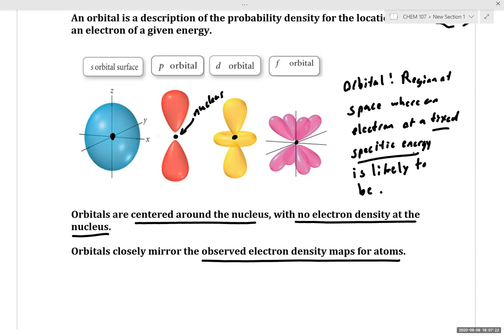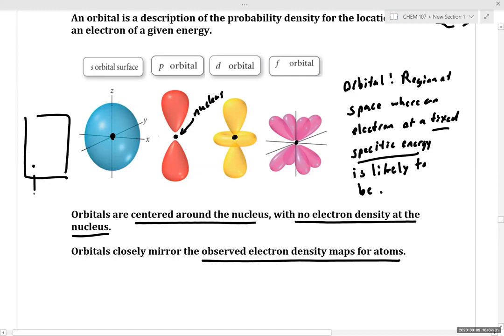Another way you can think about this is an approximation, but it's an analogy that I like. Pretend that we have a fly, and we've trapped it in this container. Somewhere in this container, the fly is likely to be present, but we don't know the exact position. We only know the exact energy.